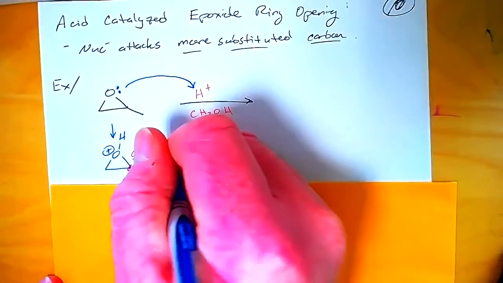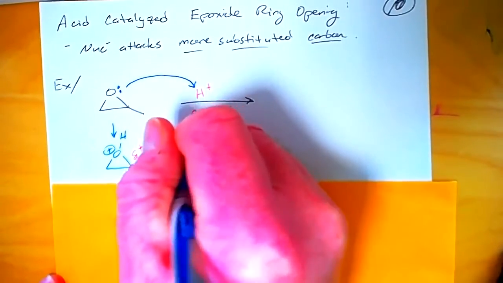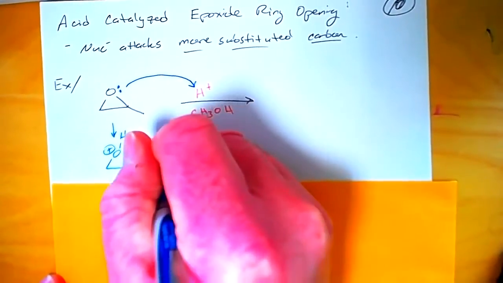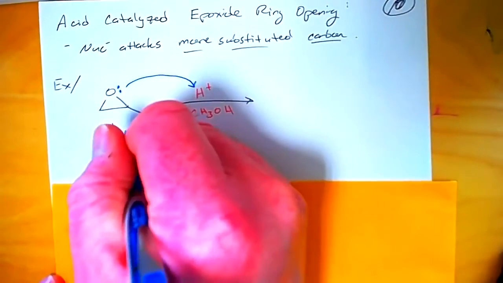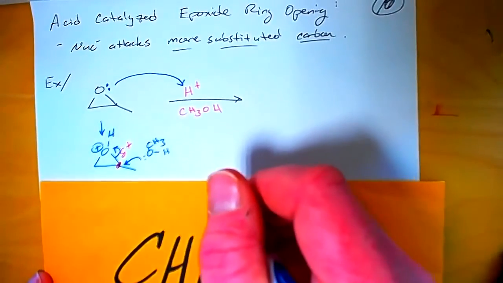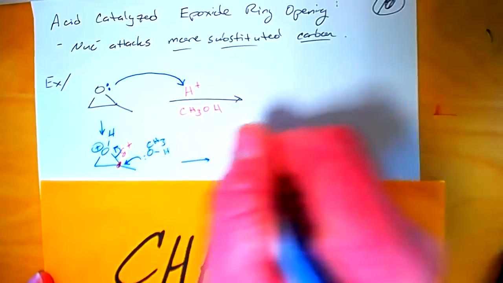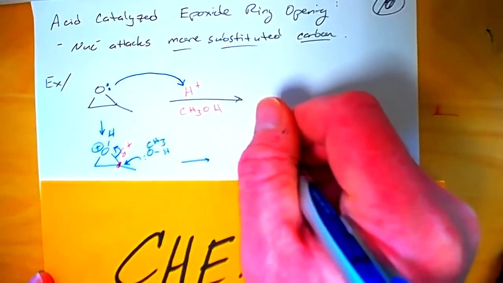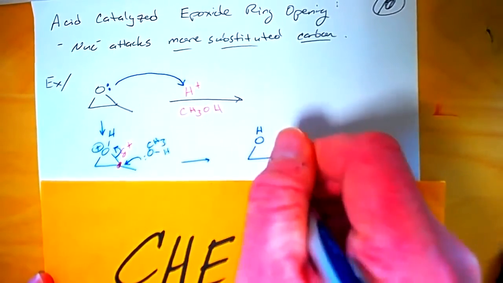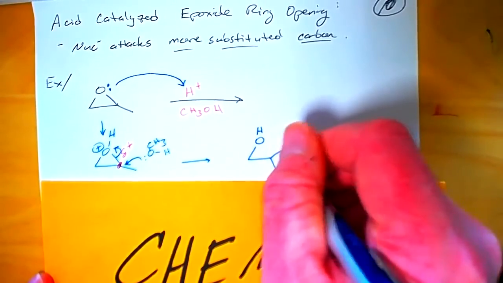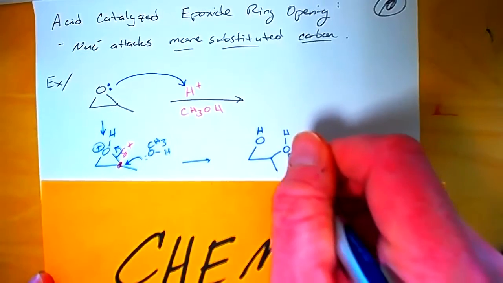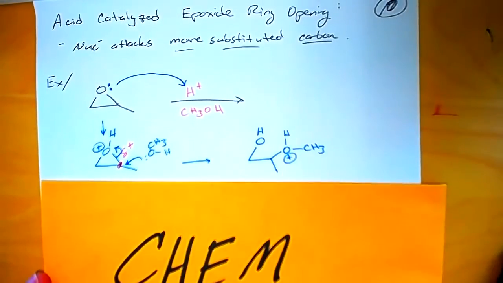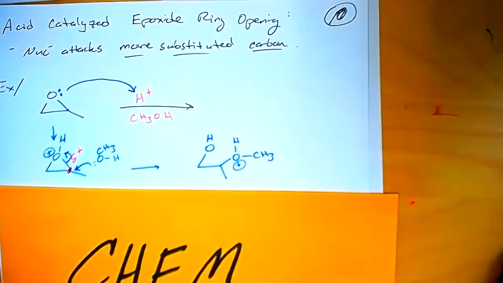So this oxygen attacks that position, and then the electrons go onto the oxygen, opening that ring up. So you now have an OH up here. I'm going to draw this so that you can see it. There's your methanol that's added in. That still has a positive formal charge.